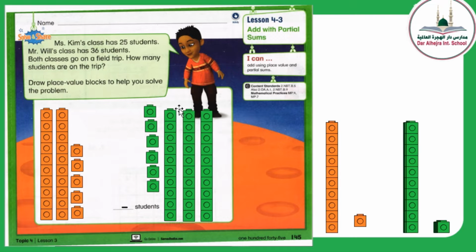Will's class. There are 36, so I can see here 3 rows of 10 link cubes, and separately I have 6 link cubes. As we studied in our previous lesson, when we have 10 or more than 10 single blocks, we can regroup them into a single 10.